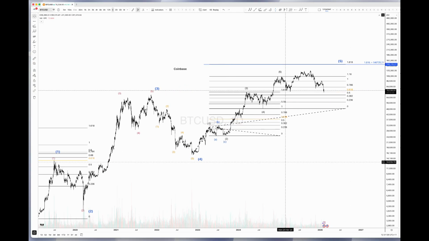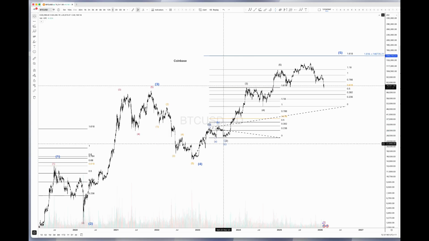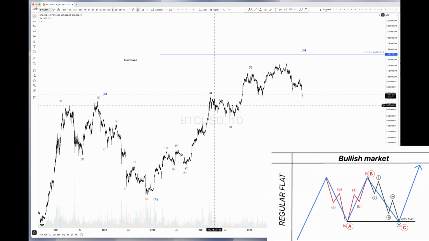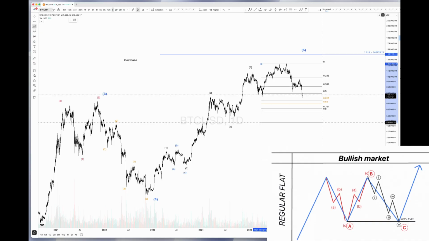The other approach, so that is making the assumption that this is wave 4 and wave 5 is not done. It's just going through a corrective phase. What we want to do now is, if this is our wave 1, wave 2, wave 3, 4, 5, look at the retracement.